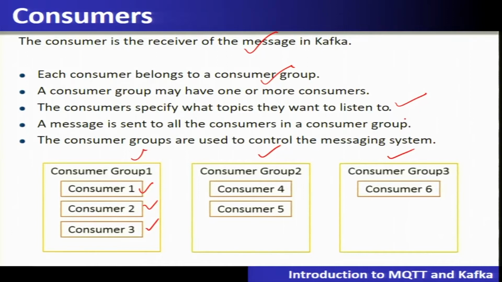A message is sent to all the consumers in the consumer group, and consumer groups are used to control the messaging system. So according to the topic, these consumers are grouped so that they receive the messages based on the topics they are listening for.